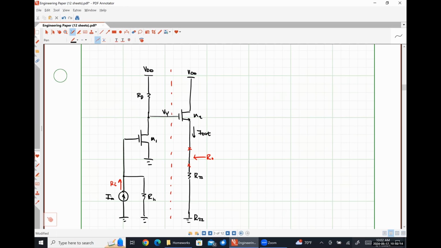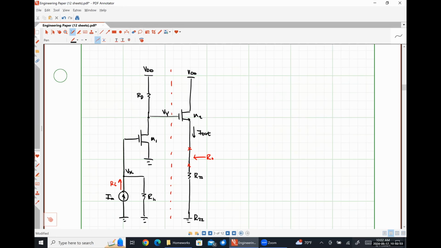I'm going to call this voltage here at this node Vx, so that we can really treat that first amplifier as a common source amplifier, because a common source amplifier is a voltage amplifier, right? Not particularly a current amplifier.